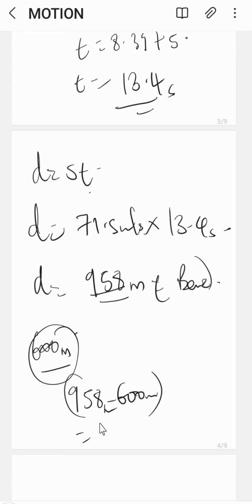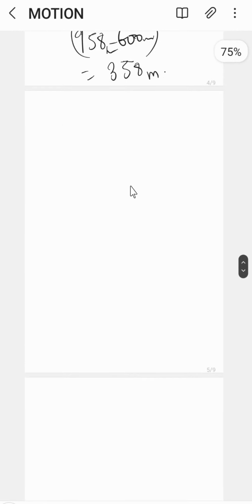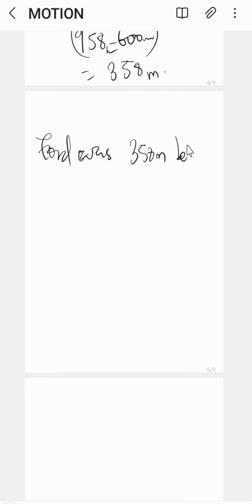958 minus 600 gives you 358 meters. 358 meters was how far the Thunderbird was behind. So you can write this as your Thunderbird Ford. Your Ford was 358 meters behind the Benz.